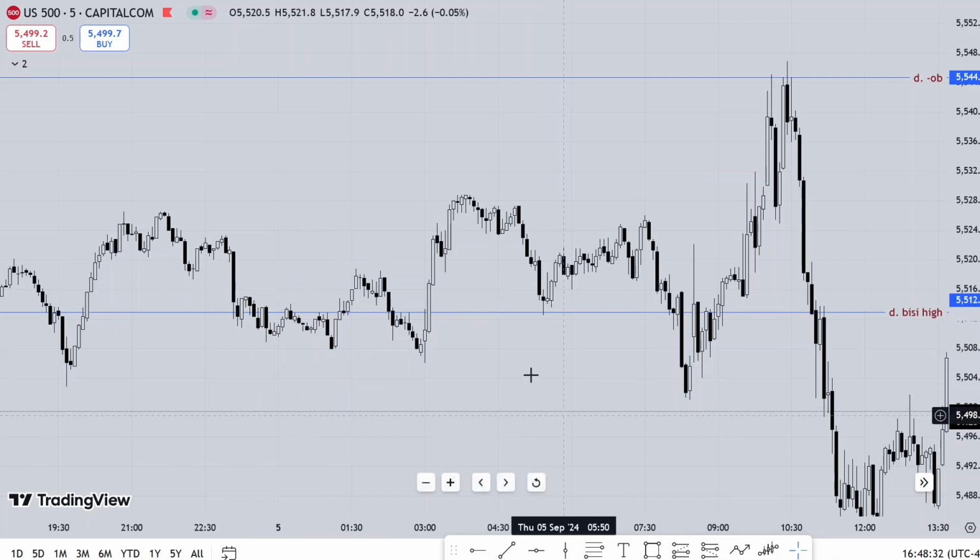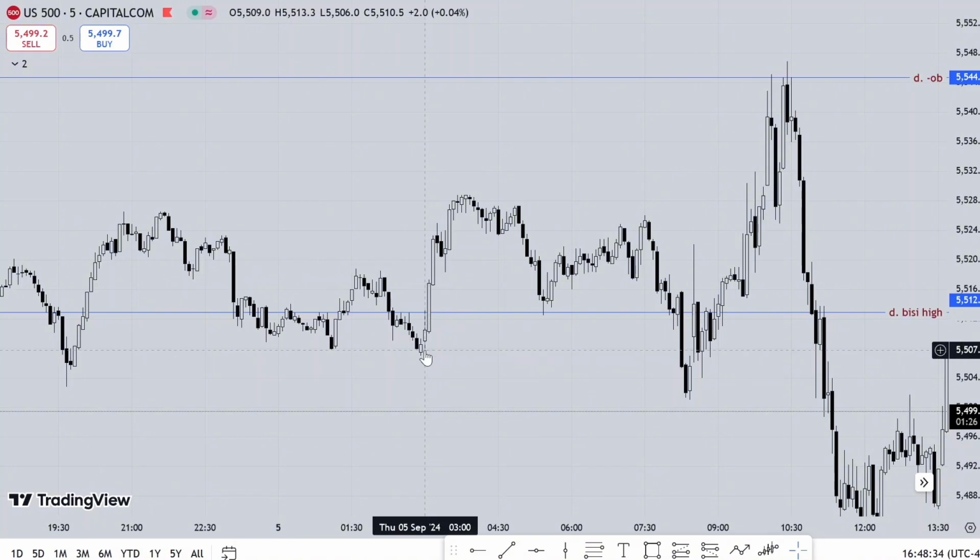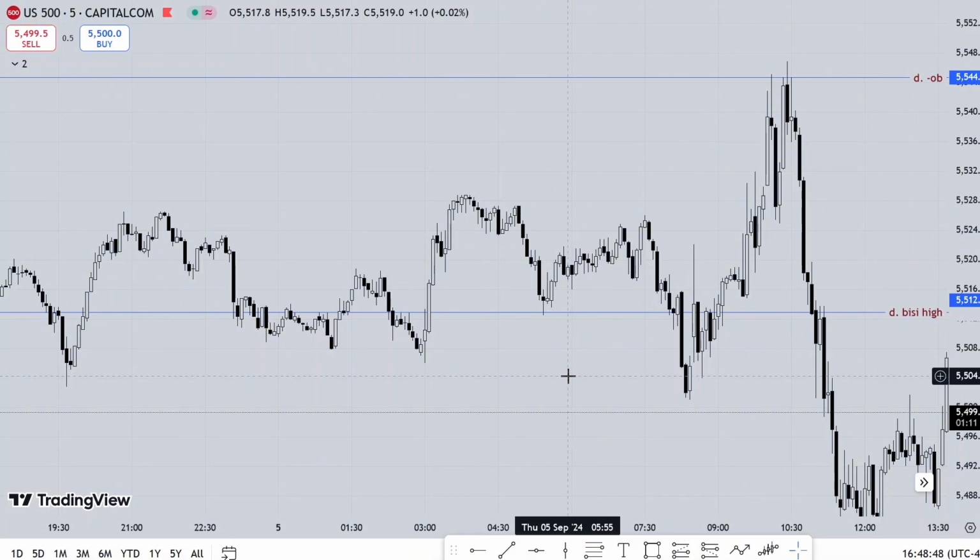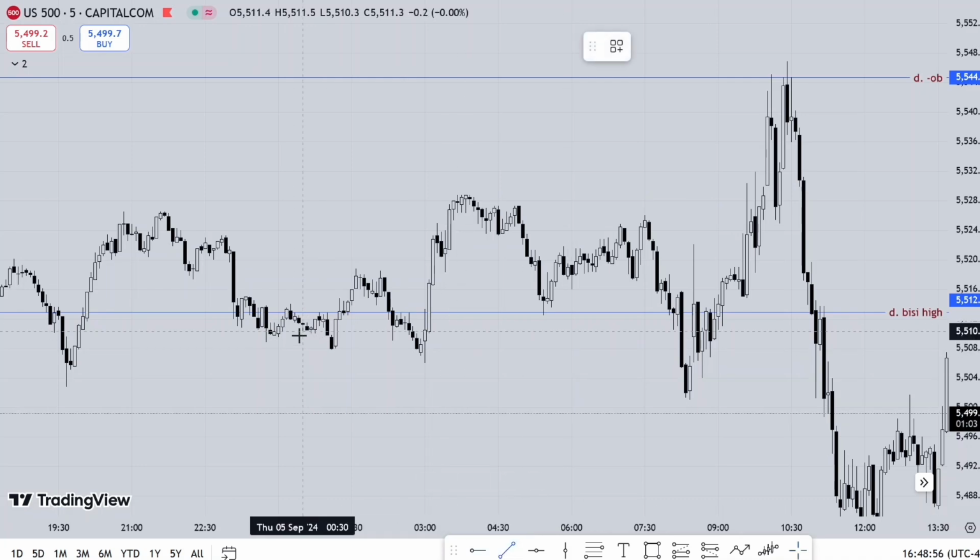The midnight open is specifically to do with the London session, but it's also valuable when trading the New York session, and also the 8:30 opening price, when the equities market starts trading. It's not the opening bell. The opening bell for the equities is 9:30, but we are more focused on the 8:30 open.